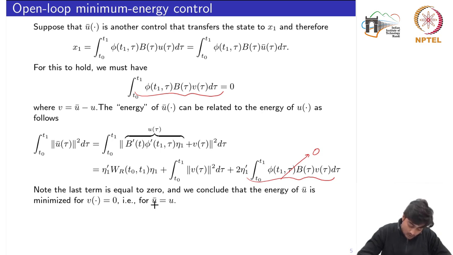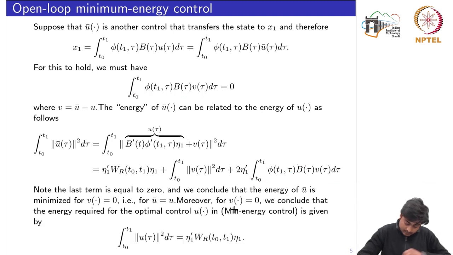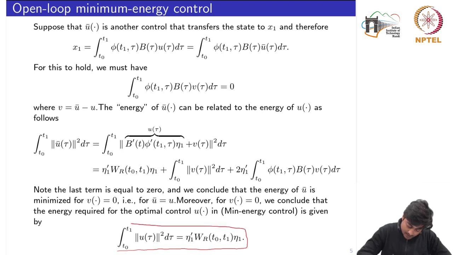It would happen when u bar becomes equal to u. Moreover, for v equals 0, we conclude that the energy required for the optimal control u, the control signal specified in the theorem, is given by this one. So this is the minimum energy, and in fact we have computed how much energy would be utilized in the control signal.